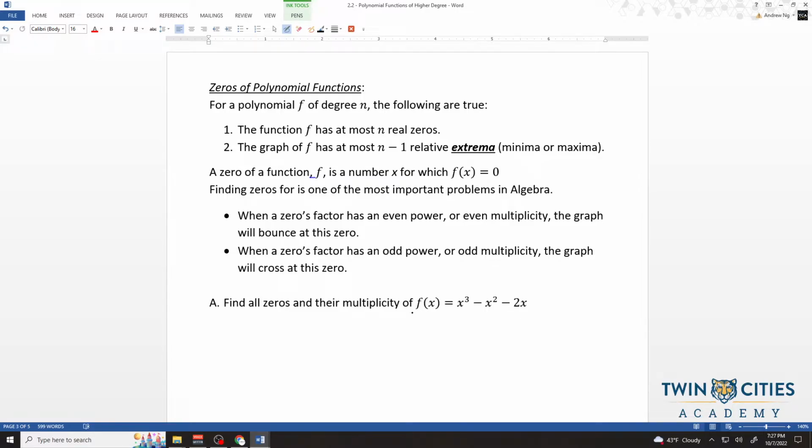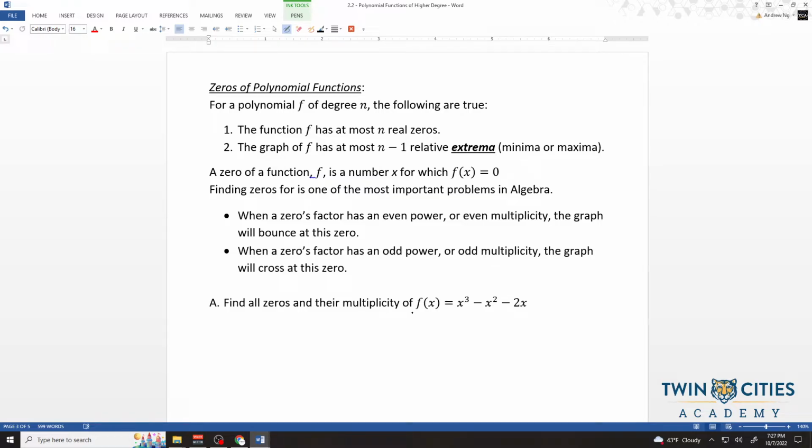Zeros of polynomial functions. For a polynomial f of degree n, the following are true. Number 1. The function f has at most n real zeros. So if this is x to the third, there are at most 3 real zeros. If this is x to the eighth, then the graph might have at most 8 real zeros, but it could have less than that.